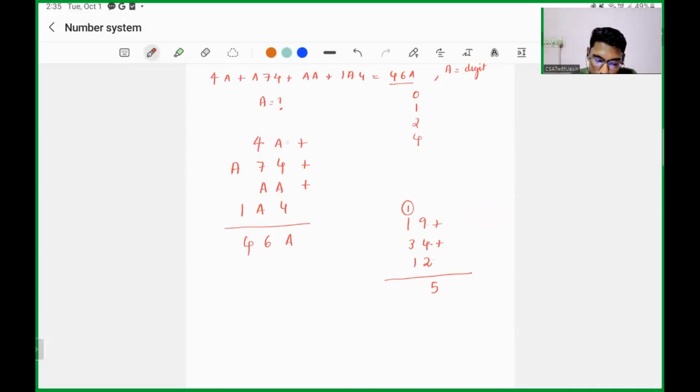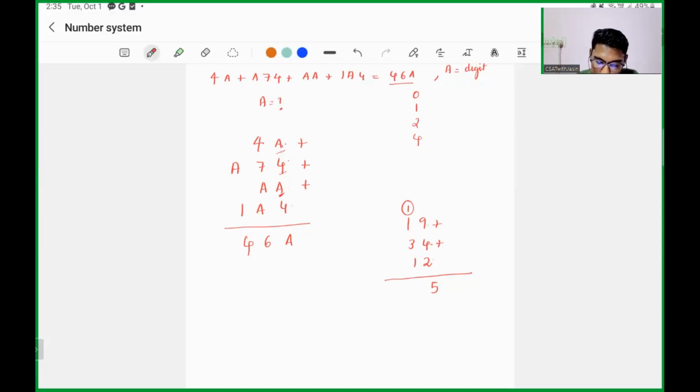So you start adding the digits in the unit place. We get A plus 4, then again A plus 4, and again one A is there. A plus A means 2A.